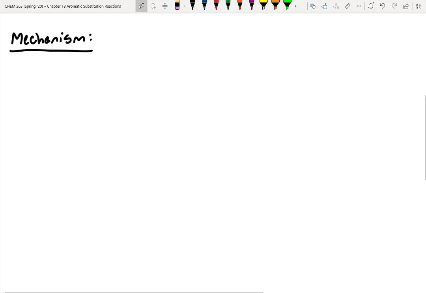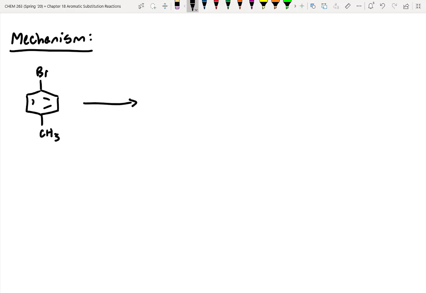And the mechanism is kind of interesting. If you have a halogen, and let's just say some unreactive group, CH3 group, and you treat this with your sodium amide, which is NH2-, that's your active reagent, it's not going to attack the carbon with the bromine. Instead, what's found is that it will do acid-base chemistry.